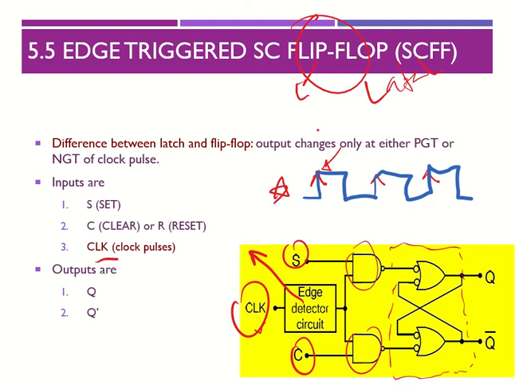As usual, you have two outputs, Q and Q bar, and your clock going inside here. This clock is in the form of a signal over time. You have to decide whether it is going to be in a rising mode or falling mode.